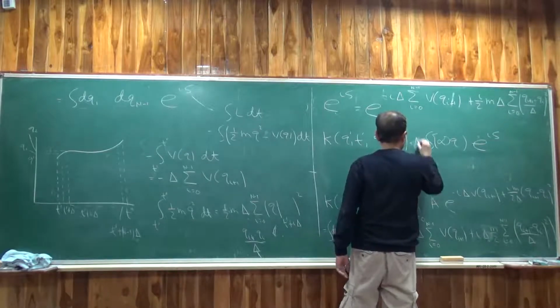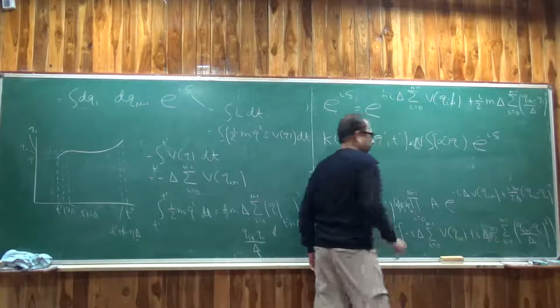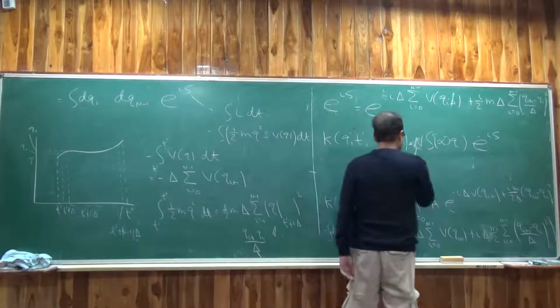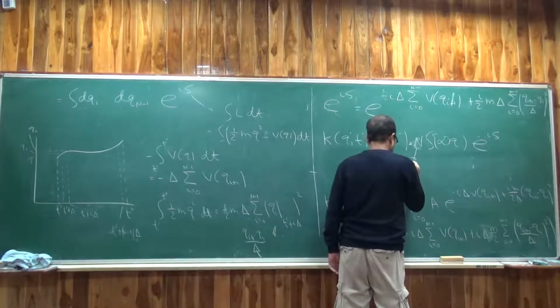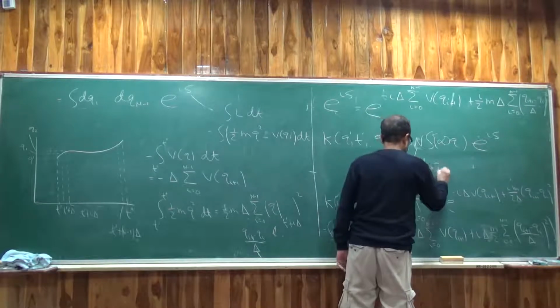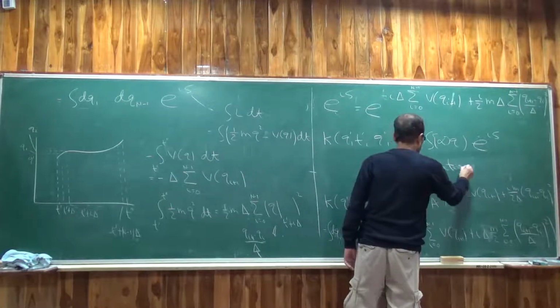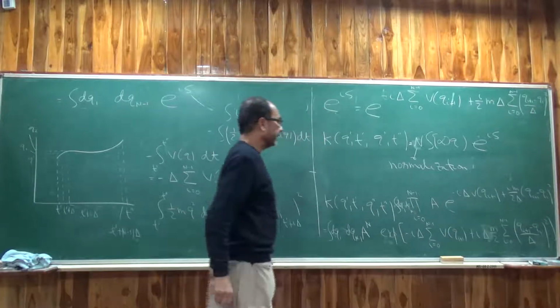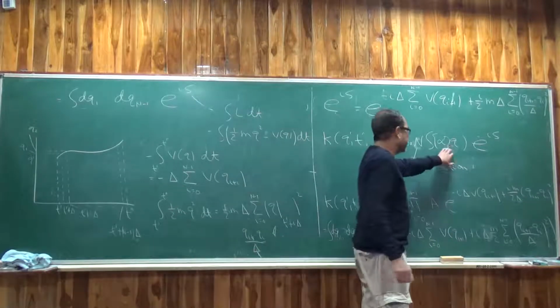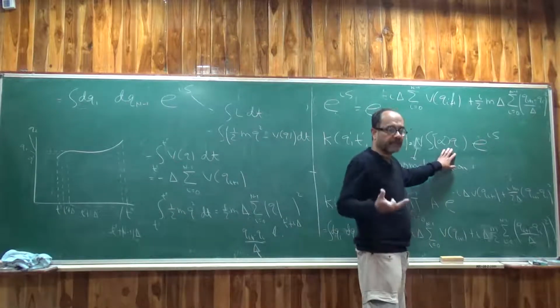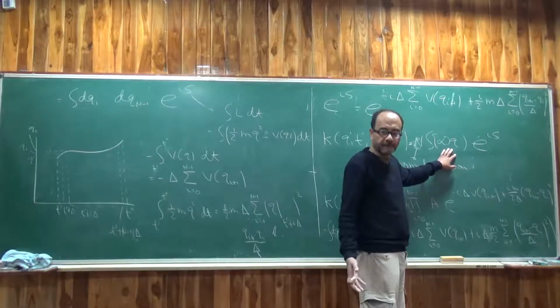Let me put some arbitrary normalization. It will not really matter at the end. So this is some normalization. So what does this symbol mean? This formally is the sum over paths, or integral over paths.